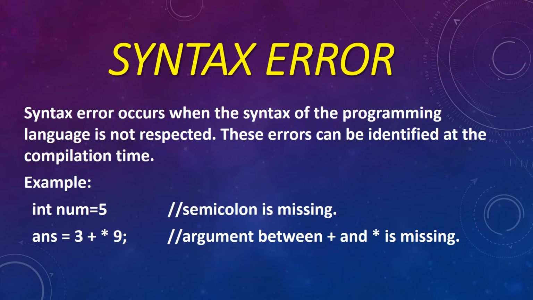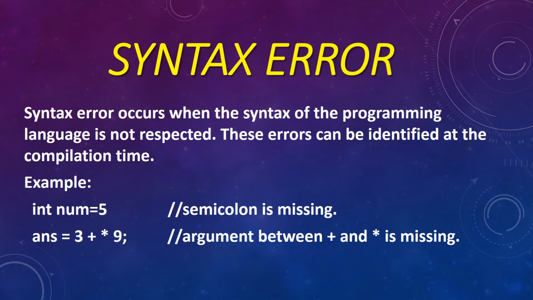Like when you are studying English or Hindi grammar, if you make a grammatical mistake, your complete sentence will be wrong. In the same way, any particular programming language has its own syntax and its own rules.